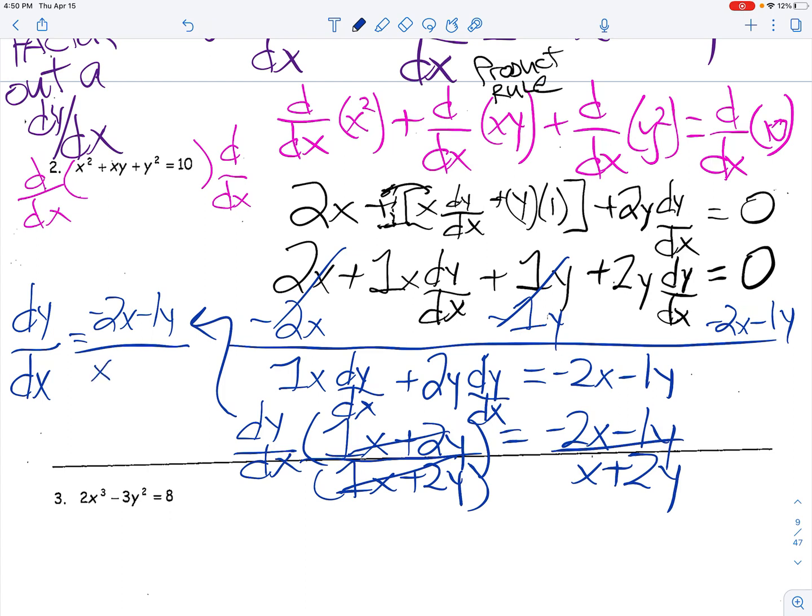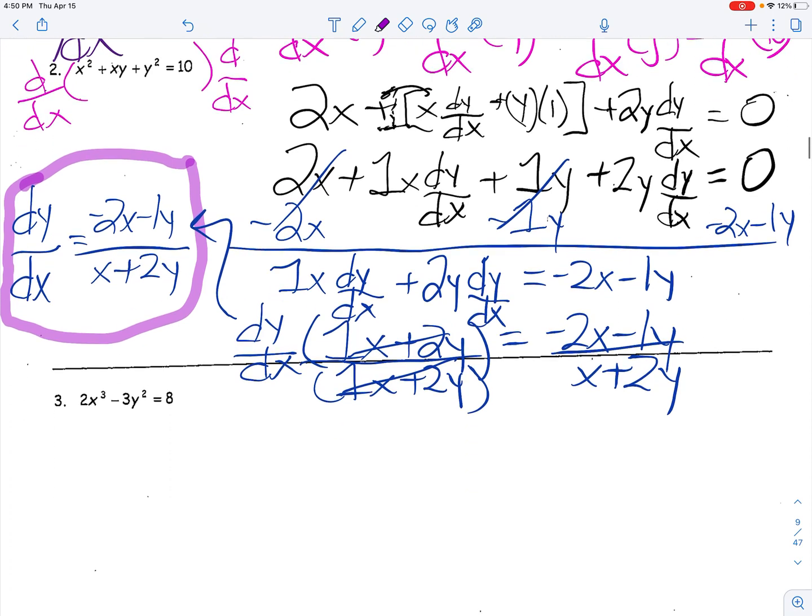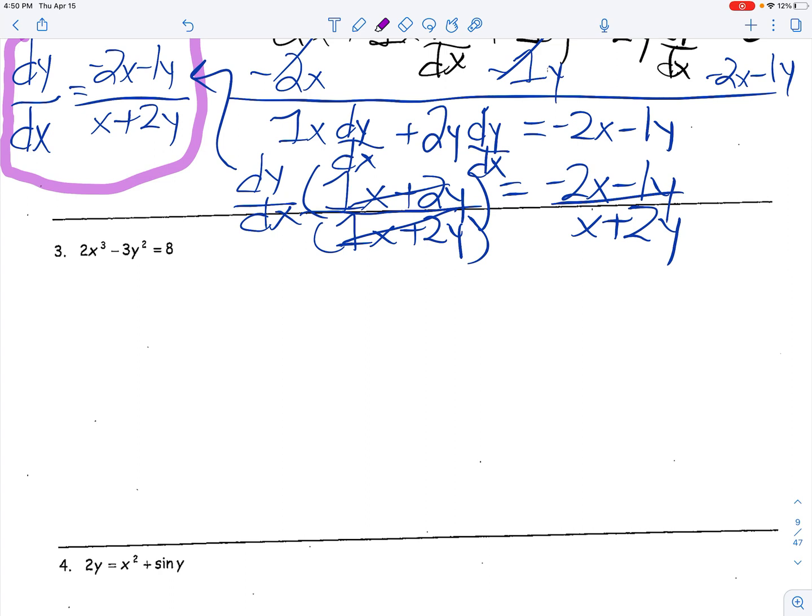You're left with dy dx on the left side by itself equals negative 2x minus 1y, or negative 1y minus 2x, however you write it there, over x plus 2y. And that's your derivative. They're using implicit, right, for number 2.